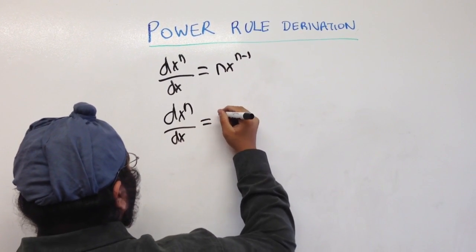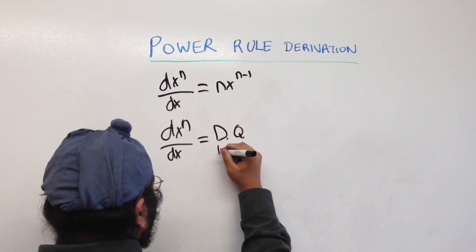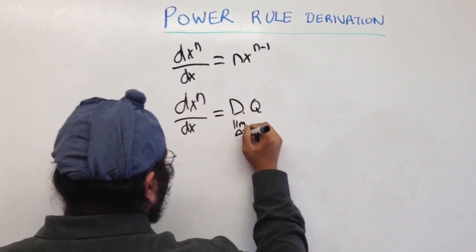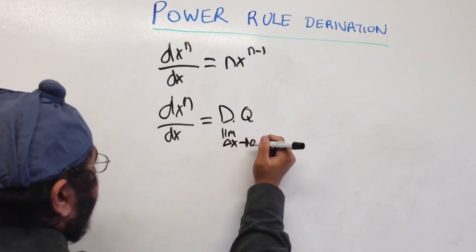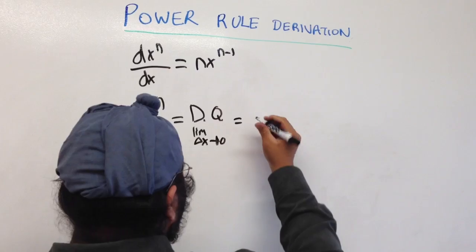this being equal to the limit as delta x approaches 0 of the slope, which is the difference quotient.